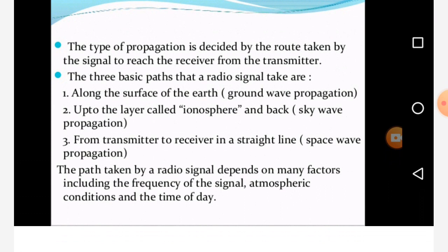The three basic paths that a radio signal takes are along the surface of the earth, that is ground wave; up to the layer called ionosphere and back; and from the transmitter to receiver in a straight line, that is space wave propagation. The path taken by a radio signal depends on many factors, including the frequency of the signal, atmospheric conditions, and the time of the day.